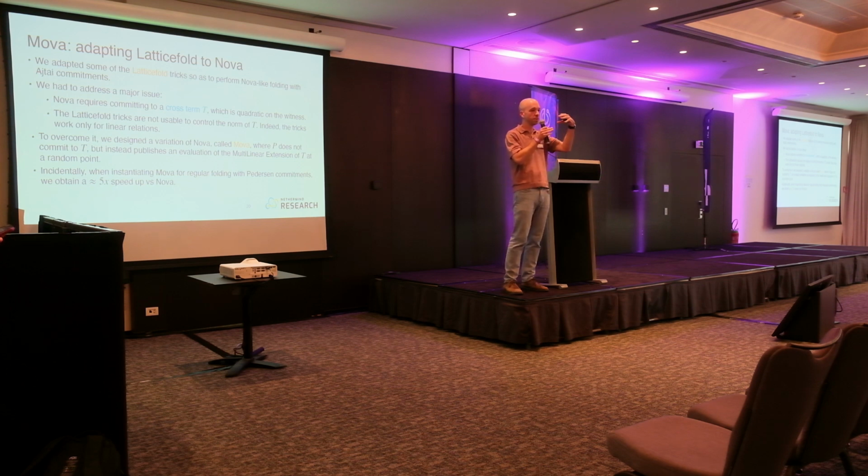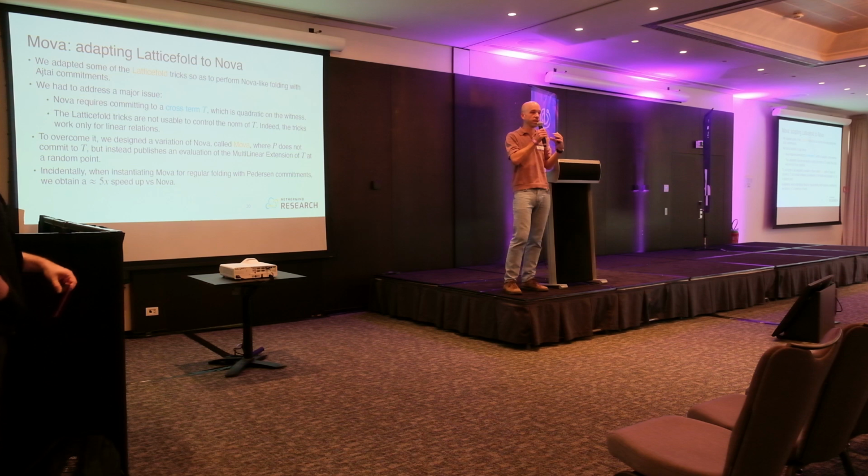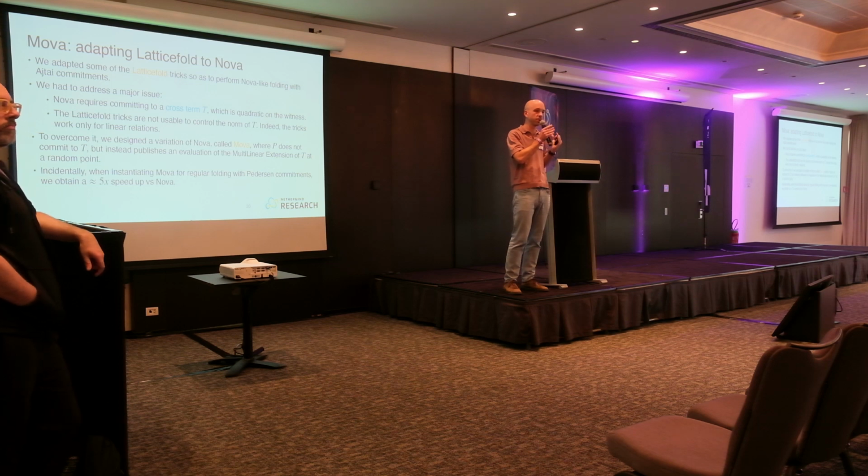Then it folds this linear constraint into a running linear constraint. This requires running this first step of Spartan at each step of the folding process, which we didn't want to do. And when you are done folding, you have a linear relation, which is not really an error, it's a very simple relation. So we wanted to do the folding at the beginning instead of in the middle of the proof.